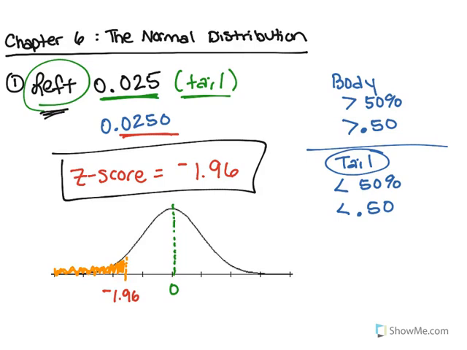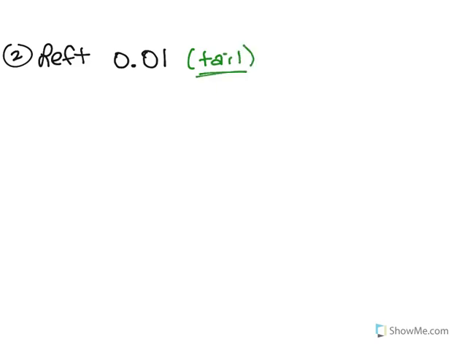Let's look at the second one. It says determine the z-score for which the area under the standard normal curve to its left is 0.01. Again, that would obviously be a tail measurement.